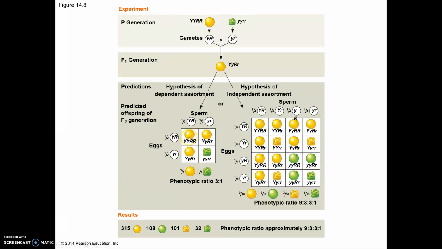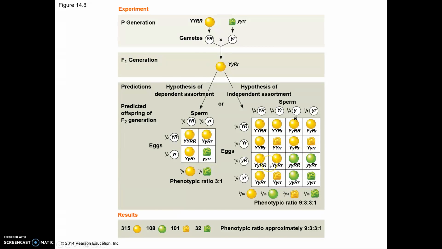And that would have been really, really confusing mathematically to figure out. So Mendel was very lucky and he picked things that did sort independently. So he was able to prove that this is the general process, that most of the time these individual characters assort independently.